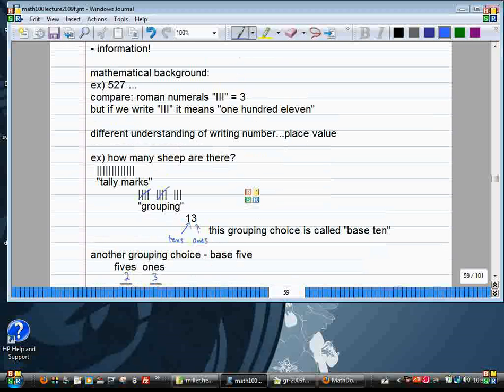So grouping by 5s, or in other words, in base 5, that set of tally marks would be the number 23. Oh, I understand how you got the 3 before. Oh, because there's 2 5s? Because there's 2 5s. So if there are 3 5s other than a 3? Yes.